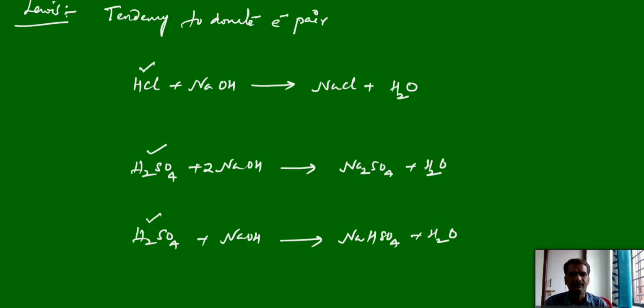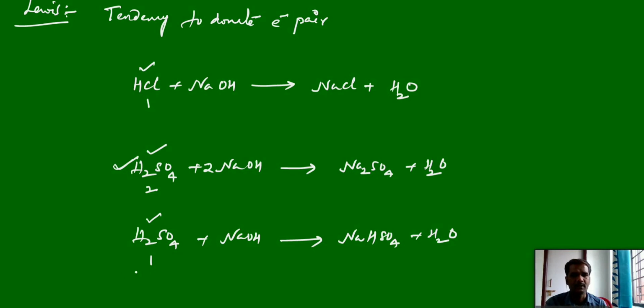According to our definition, for HCl the acidity is 1, basicity is 1 here. And what is the basicity of H2SO4 in this particular reaction? Even though it is sulfuric acid, in this particular reaction the basicity is 1 only, not 2.